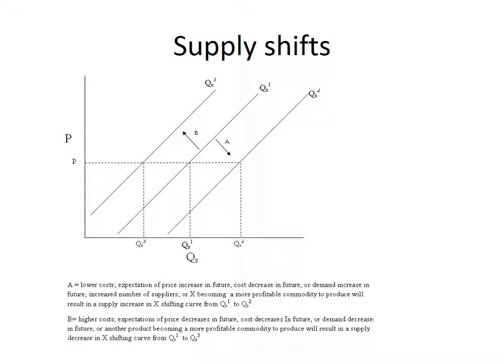Now, with all of that, let's look at what it means to shift, and we'll go over at the very end of this lecture in great detail, as we did with demand, the distinction between movement along a line and shifting of the line. Like in that problem we just dealt with, we were moving along a supply line.